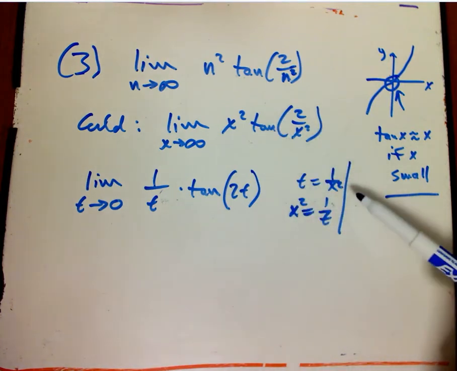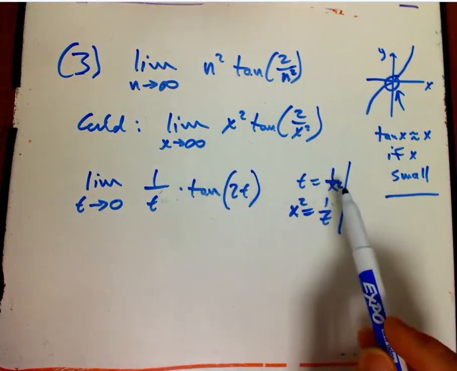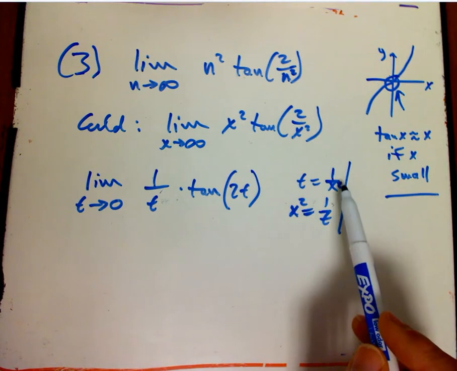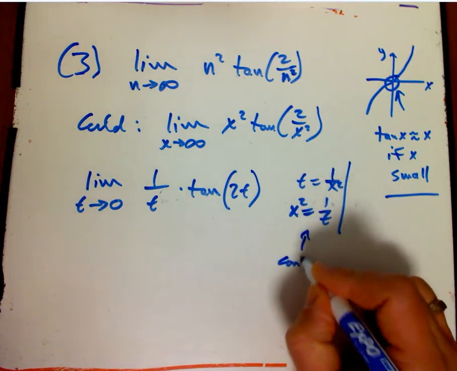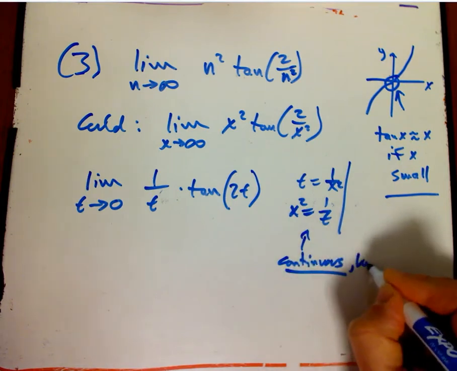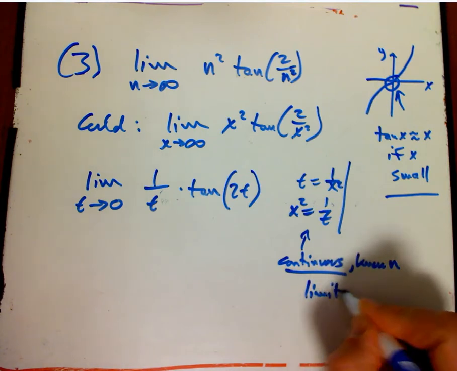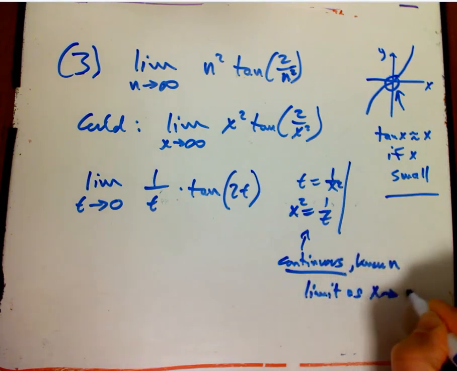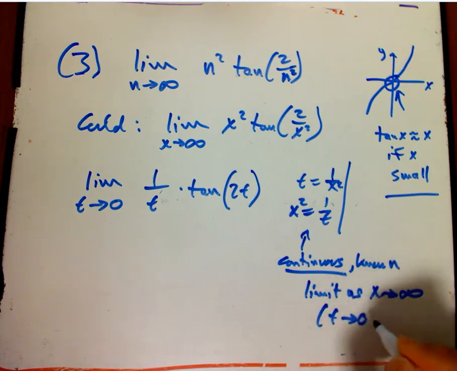Why does that work? It's simply because as x goes to infinity, t is going to go to 0. And this is a continuous function, so this had better be continuous for this trick to work. And it has a known limit as x goes to infinity, namely t goes to 0.